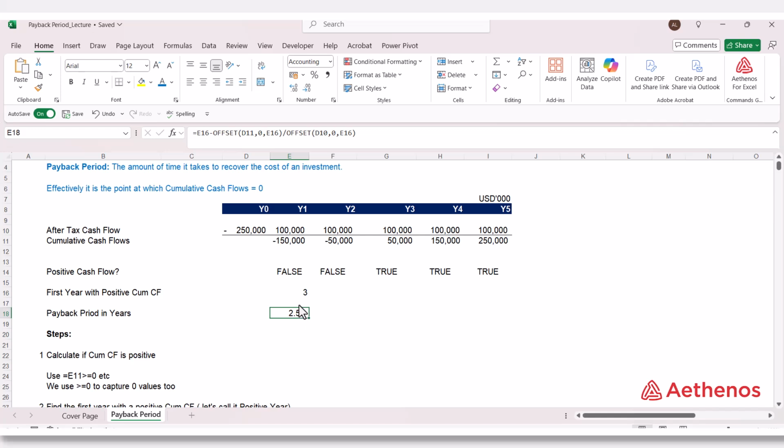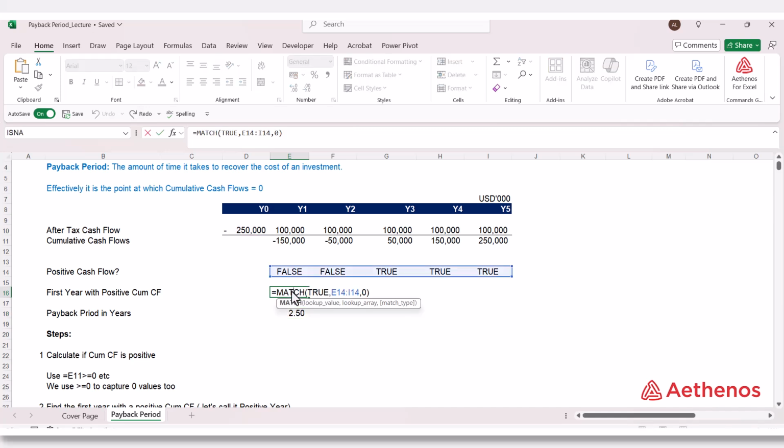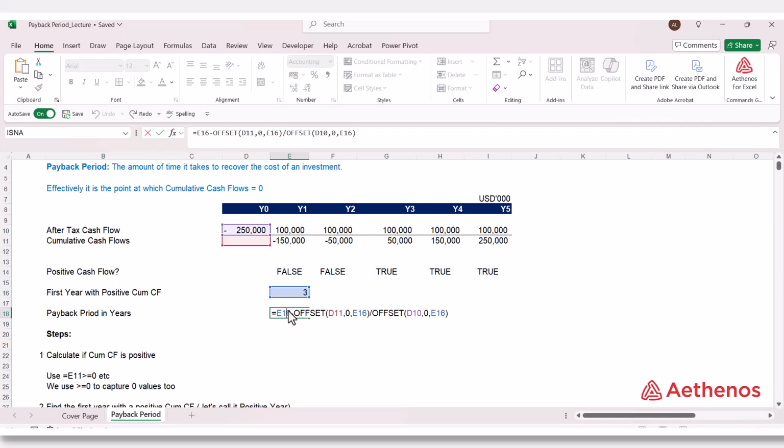If I want, I can basically substitute this MATCH function into the E over here. So if I substitute that, or I can just use a MATCH function over here, equals MATCH.